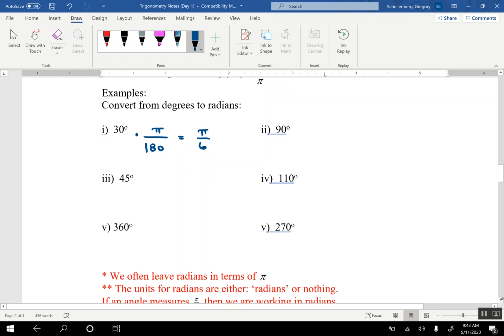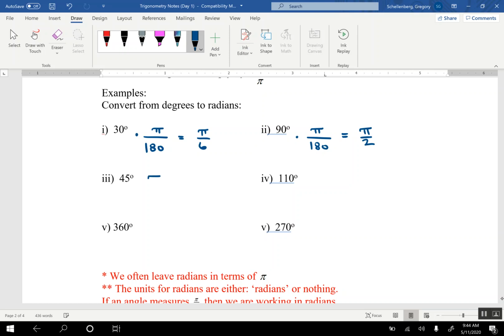Okay, 90 degrees. Again, we're multiplying by pi over 180. That's going to give us 90 pi over 180, which simplifies to pi over 2. Okay, and same idea, we'll just continue to multiply each of these by pi over 180.